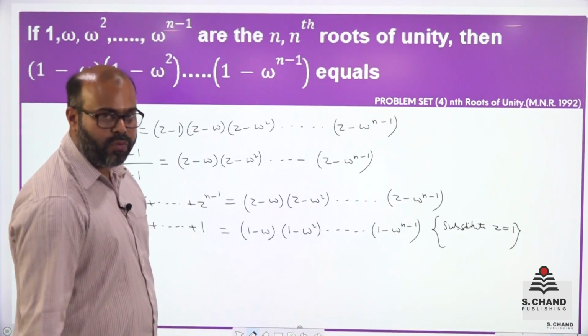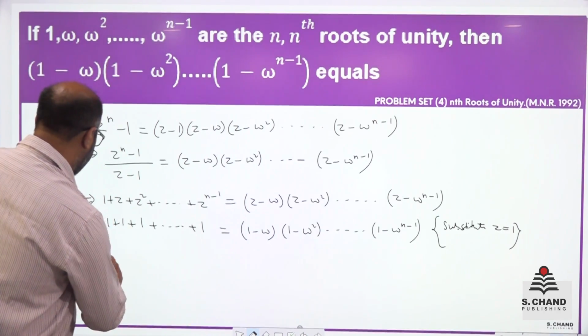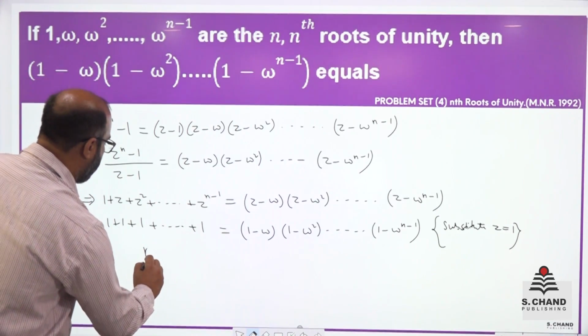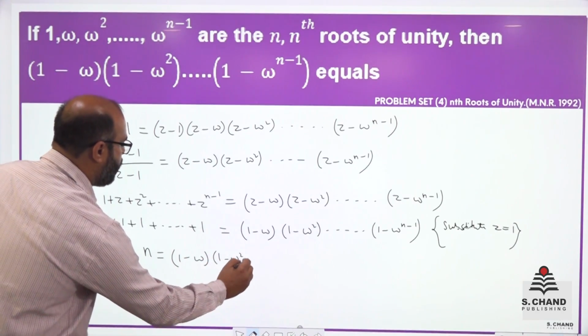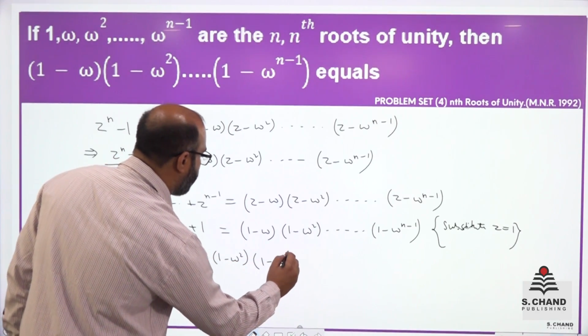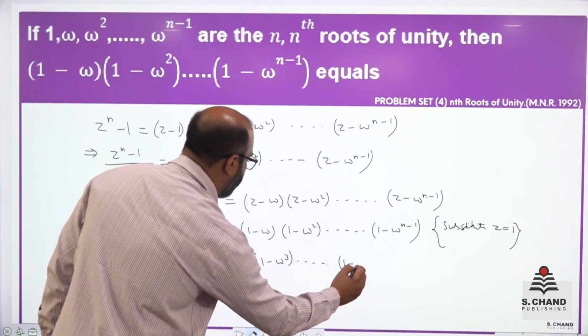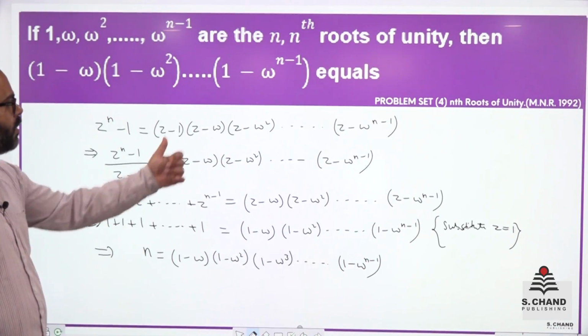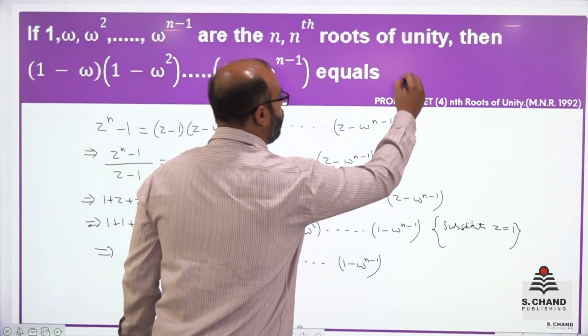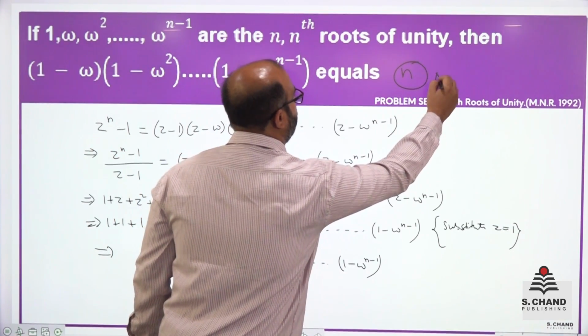So identity is true for all z. How many 1s are there? N. N is equal to 1 minus omega, 1 minus omega square, 1 minus omega cube, so on till 1 minus omega to the power n minus 1. So the value equals n. This is our answer.